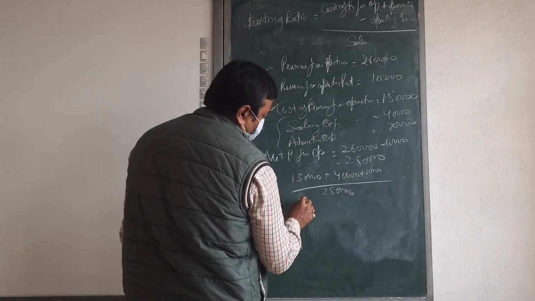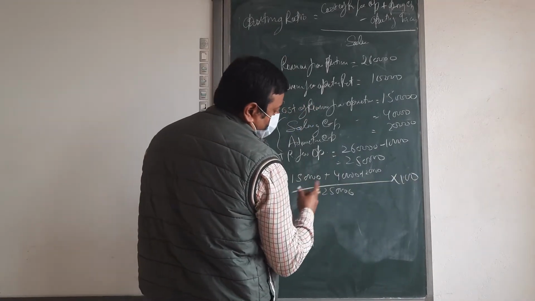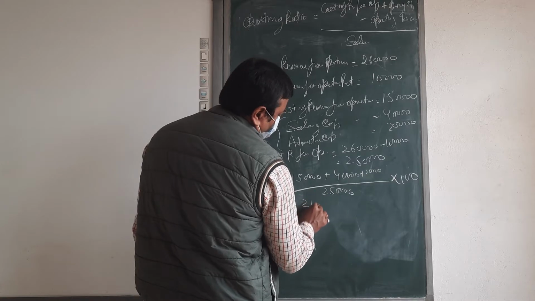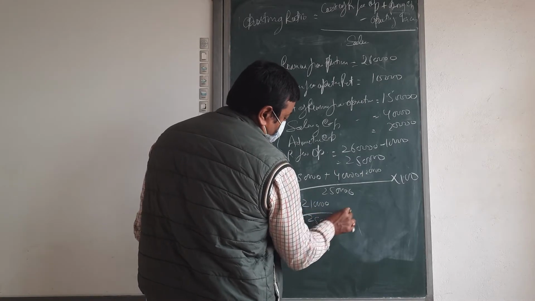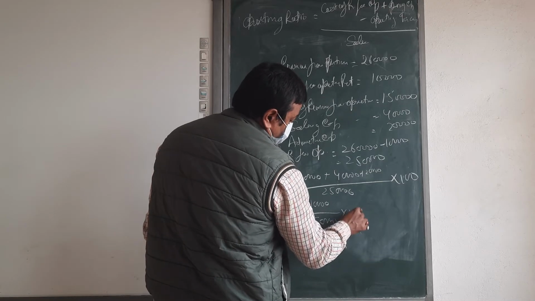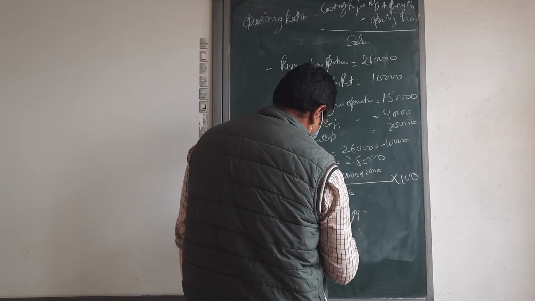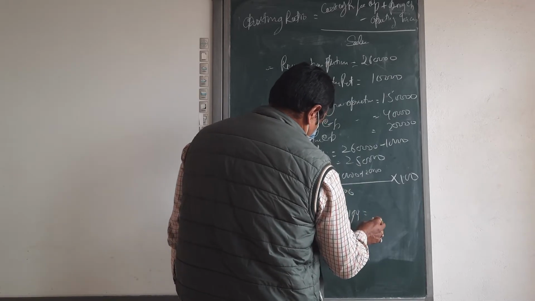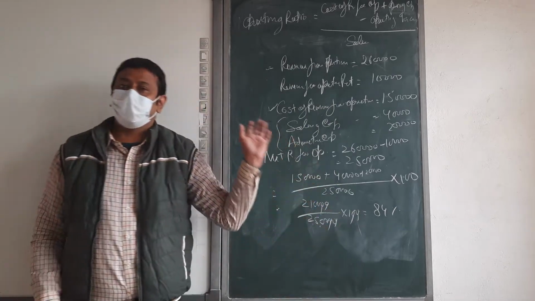Into 100. 90 to 10 upon 20, into 100, then 84%. On this way we are going to calculate.